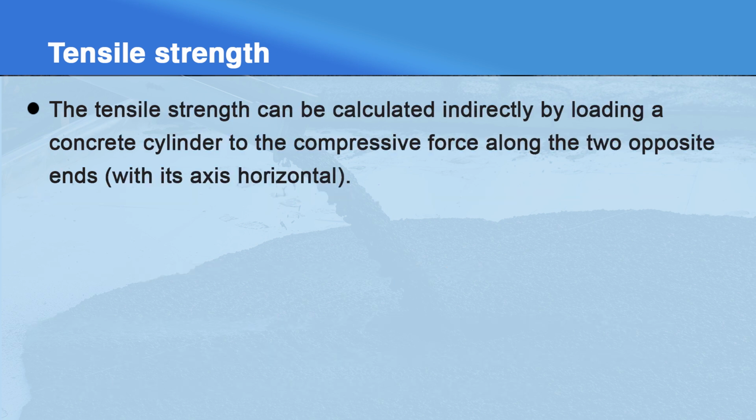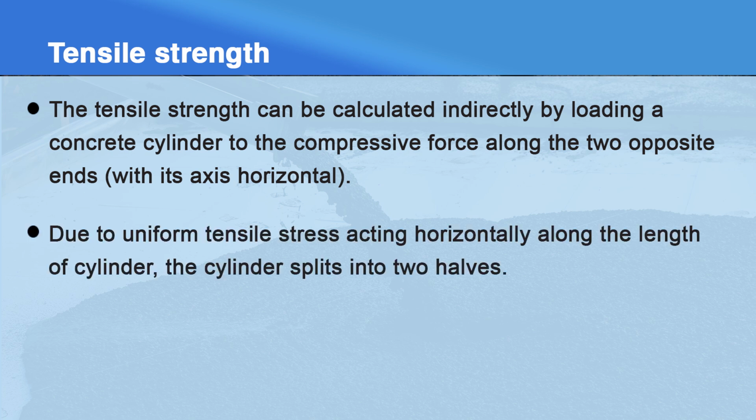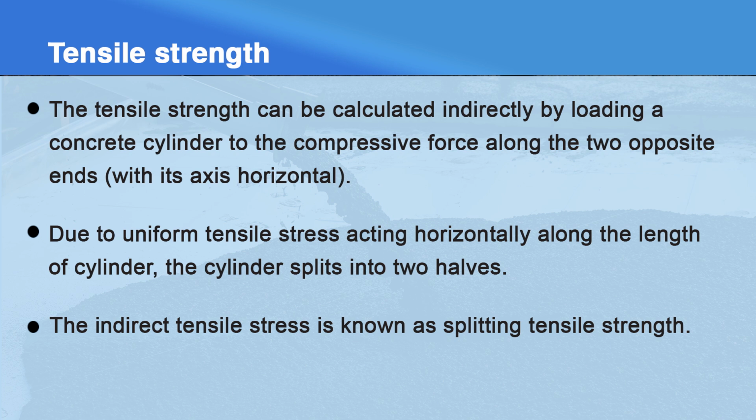The tensile strength can be calculated indirectly by loading a concrete cylinder with a compressive force along two opposite ends with its axis horizontal. Due to uniform tensile stress acting horizontally along the length of the cylinder, the cylinder splits into two halves. This indirect tensile stress is known as splitting tensile strength.